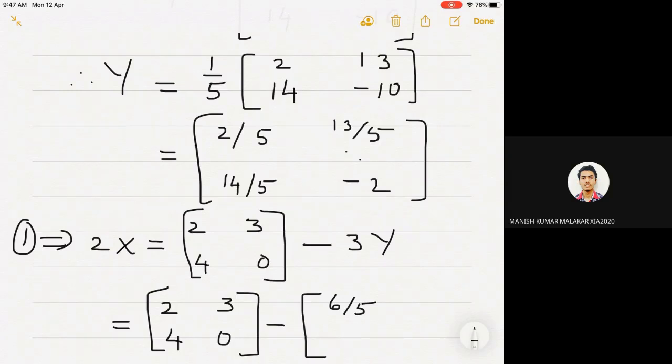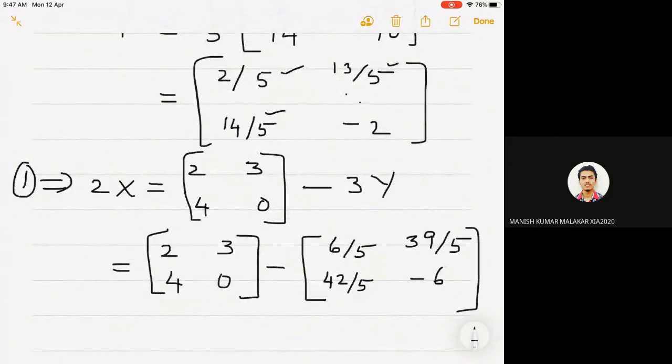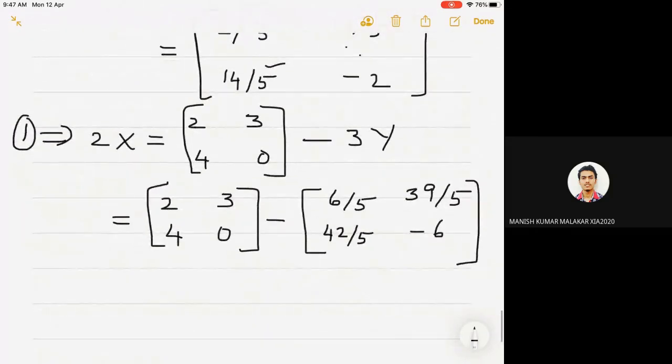So this one into 3, that is 6 by 5, this into 3 is 39 by 5, then 14 by 5 into 3, 42 by 5, minus 6. Now you have to subtract. Everywhere 5 is there, so here it is 2 minus 6 by 5, 3 minus 39.